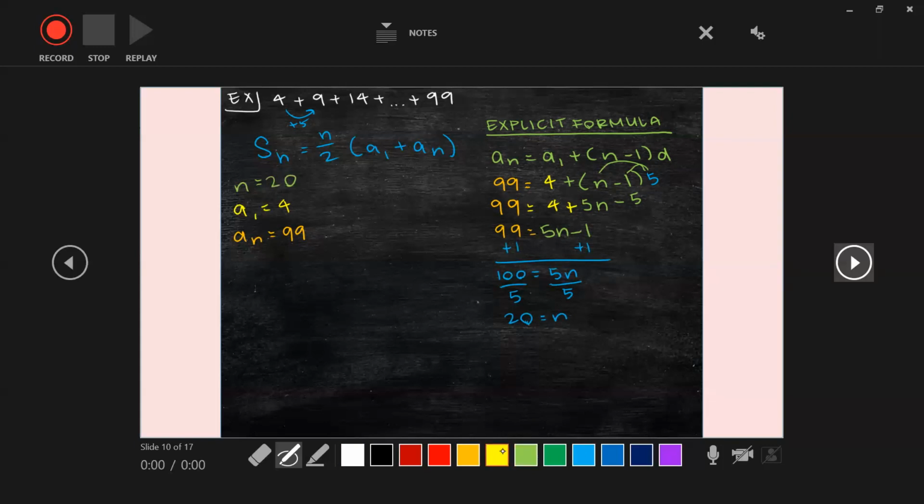So with that in mind, whenever I'm filling in the sum of a finite arithmetic series, I'm going to have S sub what? What do you think? S sub 20. S sub 20 is equal to what? I have n over 2, so 20 over 2. Then I have times a sub 1, which is going to be 4, plus a sub n, which is going to be 99.